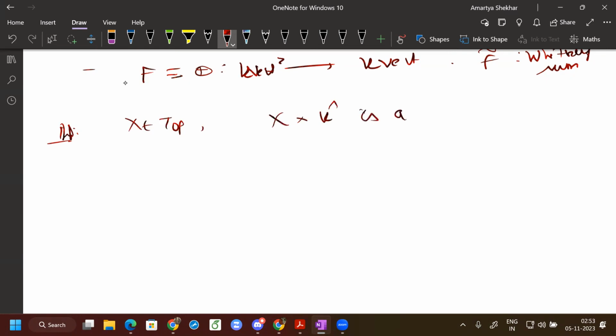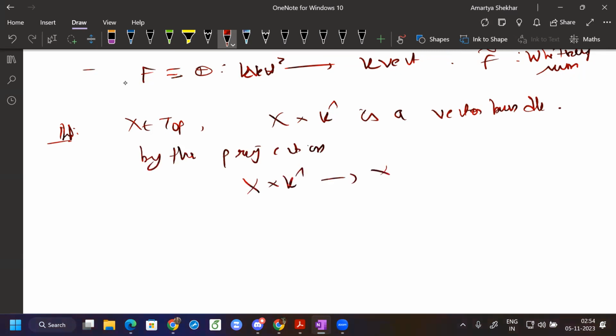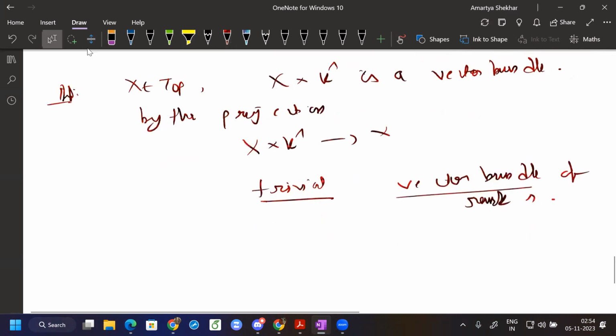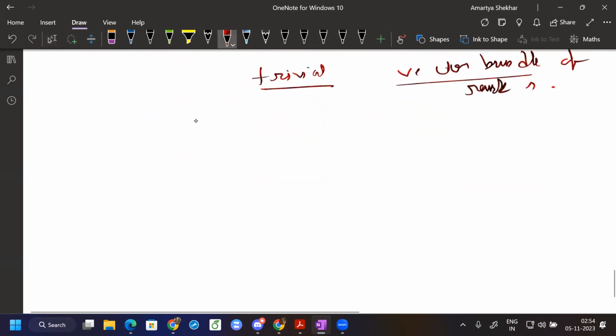The projection from X times the field to the rank-n bundle is called the trivial vector bundle.